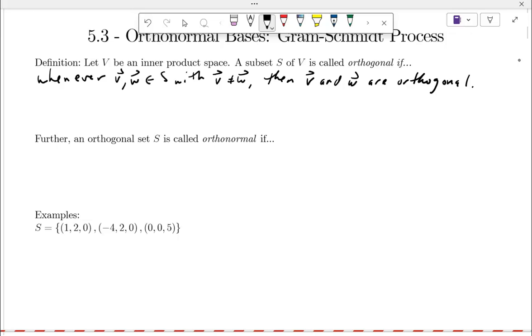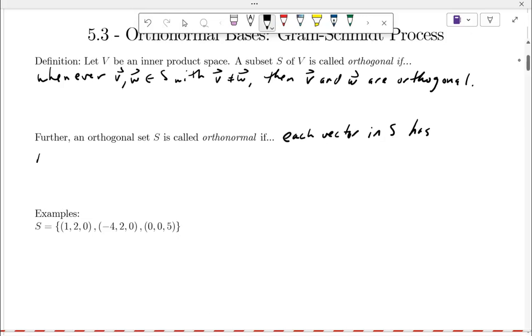To do orthonormal, well, I see the word norm in there. Norm refers to magnitude, right? So an orthogonal set is orthonormal if each vector in S has magnitude or norm 1.